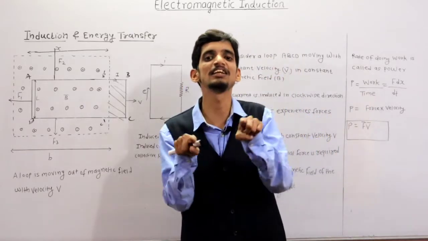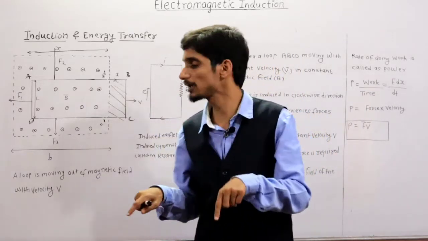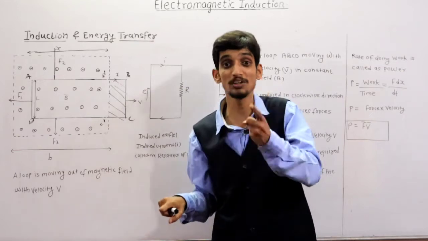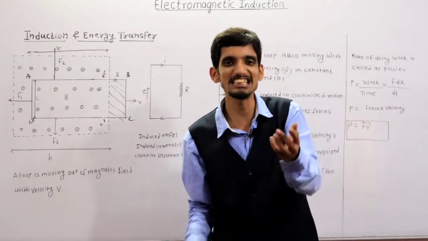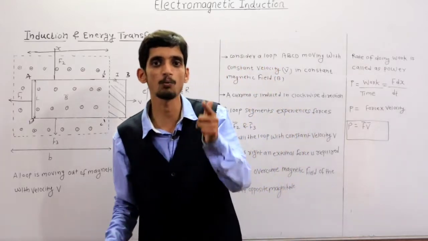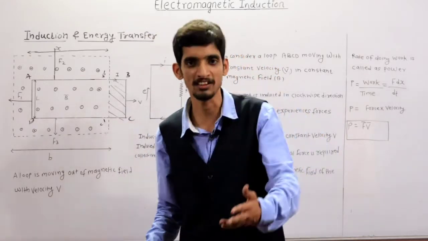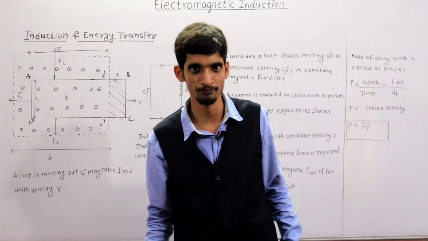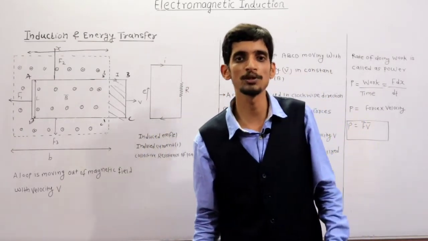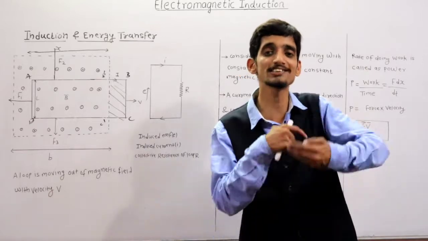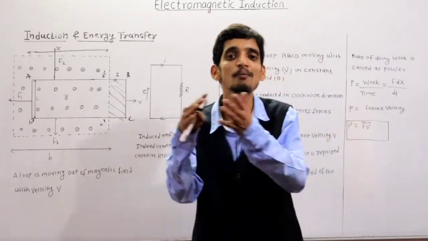So this is the basic theme. I am applying an external force, it means I am doing mechanical work. Since I am doing mechanical work in some specific time, the amount of power I am spending is what I am going to calculate. Clear? So this is the mechanical power which I am going to utilize, but it actually appears as electrical power.